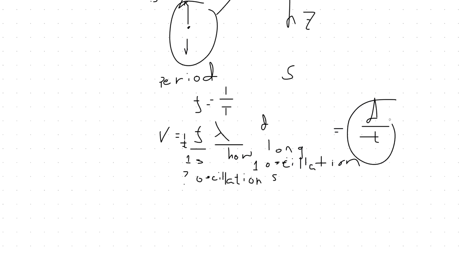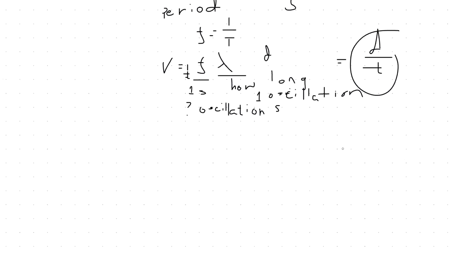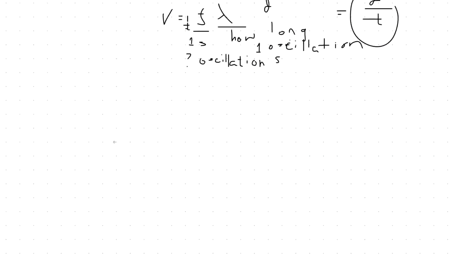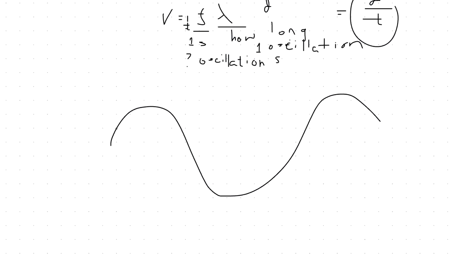Now, something that a lot of people get wrong about traveling waves is that they think when you have a traveling wave, particles move along this trajectory. This is not true, because think about it. If particles did move along this trajectory, then energy would be transferred with matter moving, right?